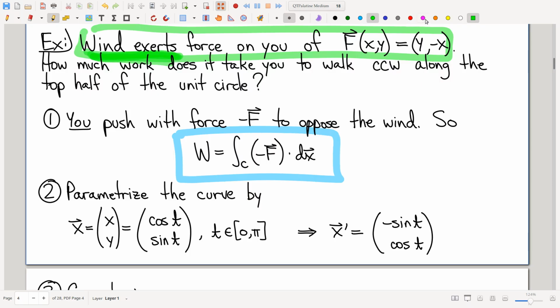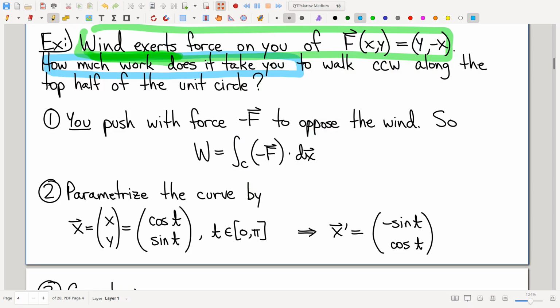Which one do I need? Well, wait a second here. I have been asked to compute how much work do you exert. And if you want to know how much work you exert, you have to use the force that you are pushing with, not the force that the wind is pushing on you.